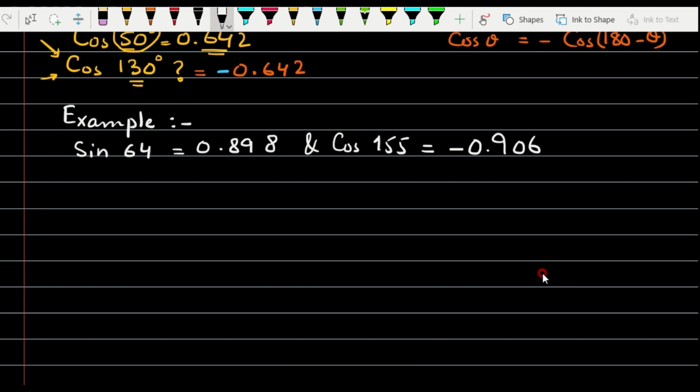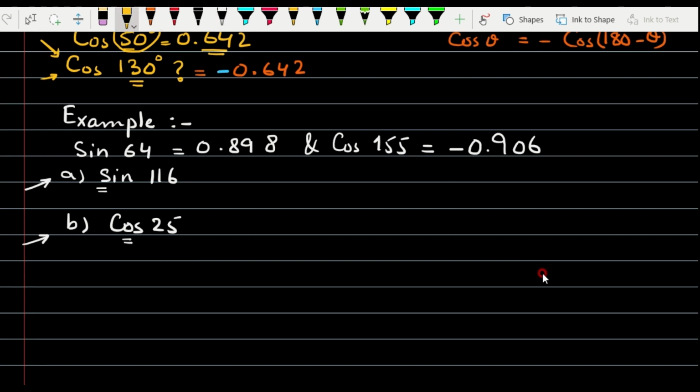Okay, so the question is, you have to calculate sine 116 and cos 25. So here you can apply the first identity, because sine is here, and here you can apply the second identity of supplementary angle, right?